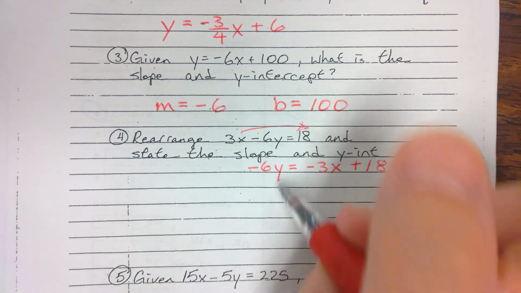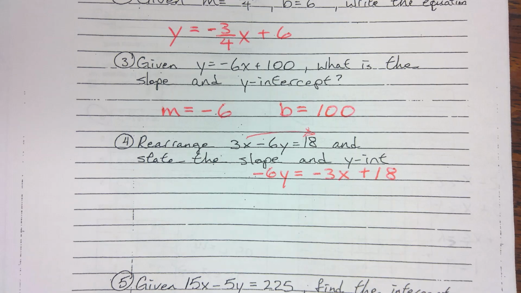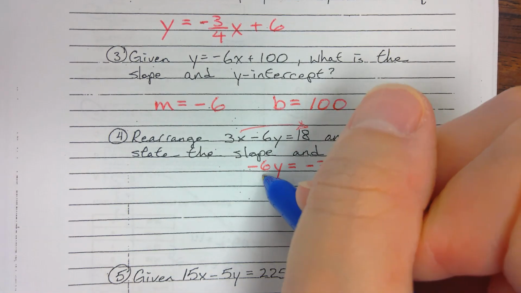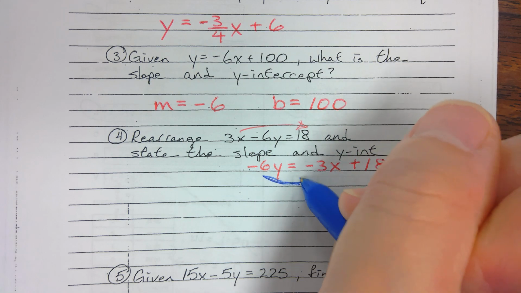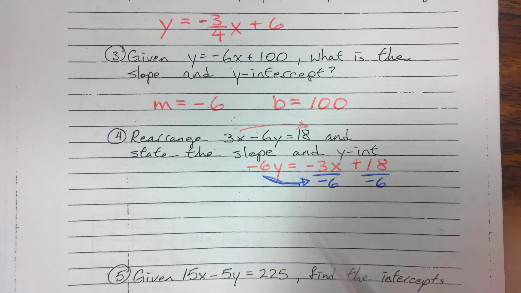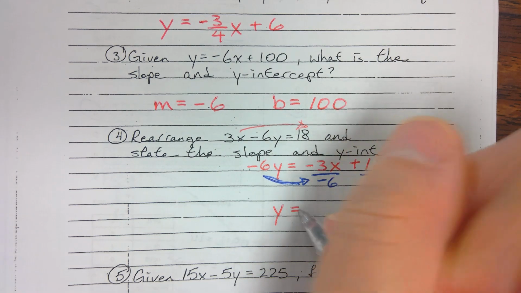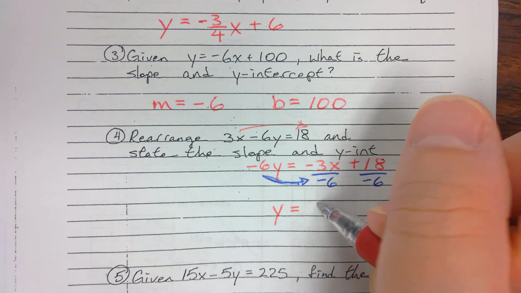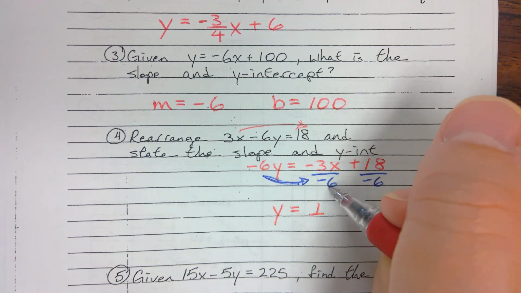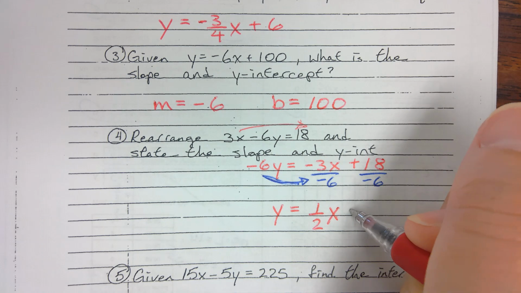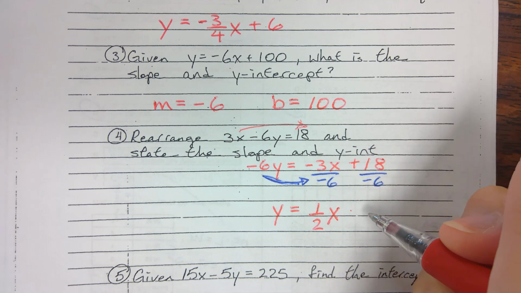What do I do with that negative 6 now? Liana? Yeah, divide both by negative 6. So my equation, y equals? 1 over 2. Good. Negative 3 divided by negative 6 is 1 over 2x. And then? Plus negative 3?